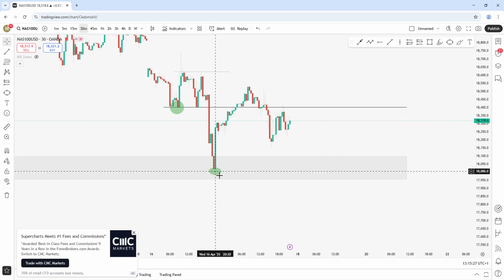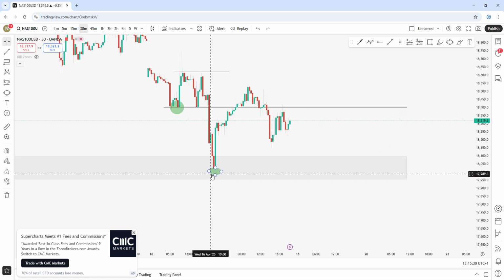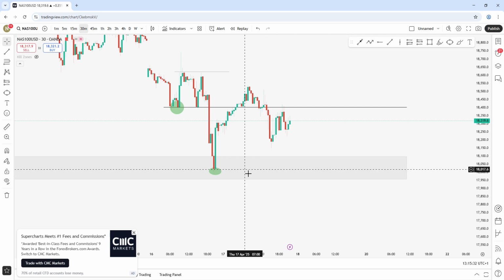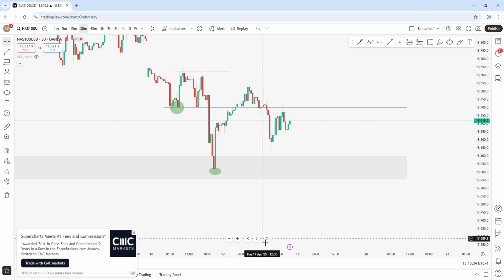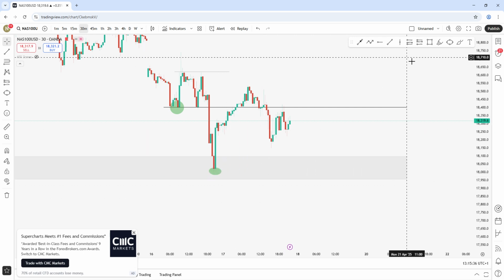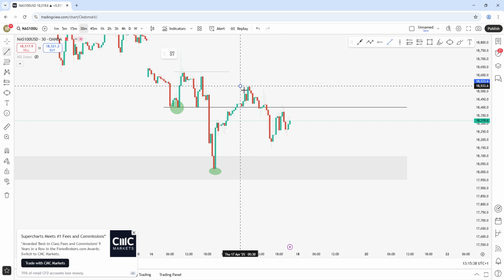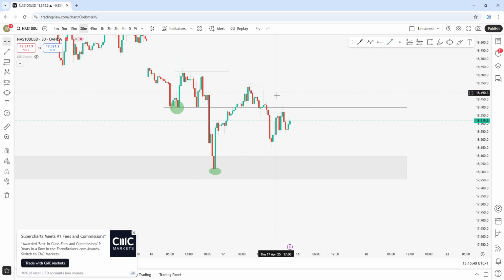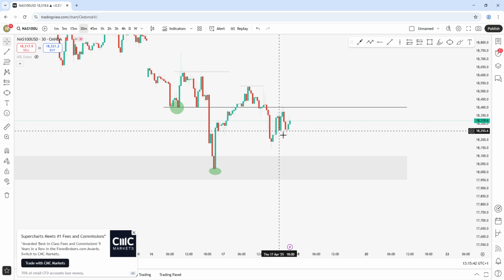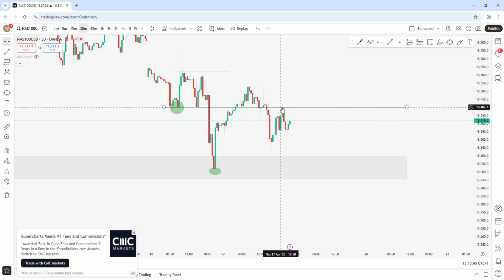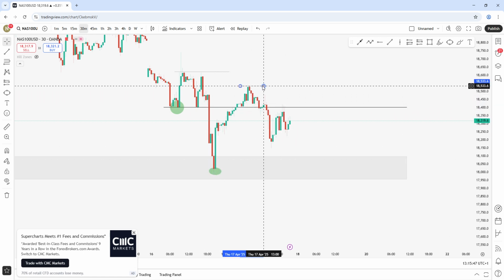Since it made a new lower high, lower low, it needs to come down. Most of the time, 99% of the time, it wants to come down to retest. And then it may fail to make a new high. It failed to break this and it came down. It didn't really get to here, but it hasn't broken that level either.